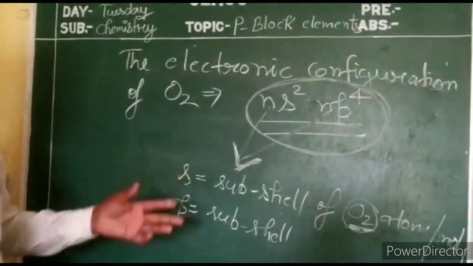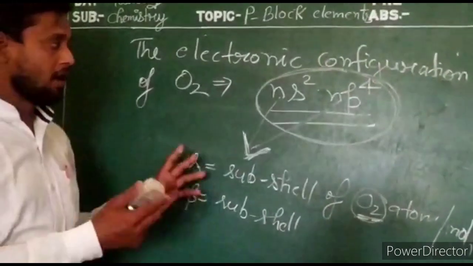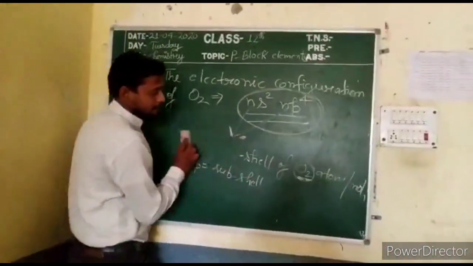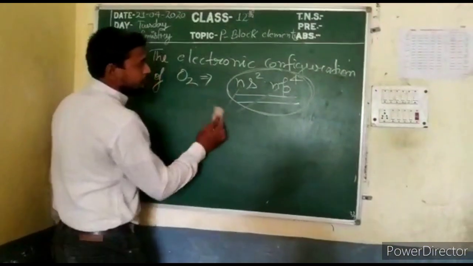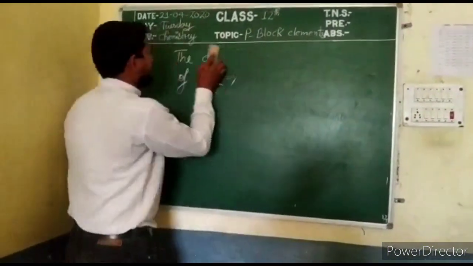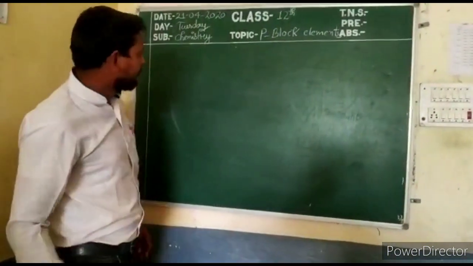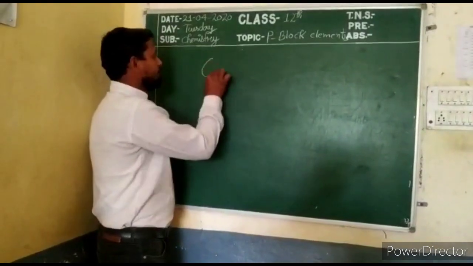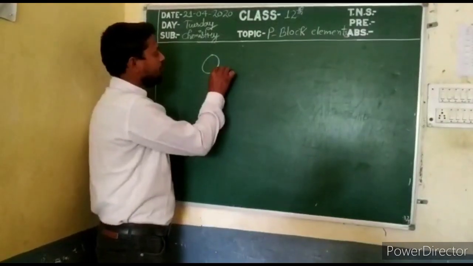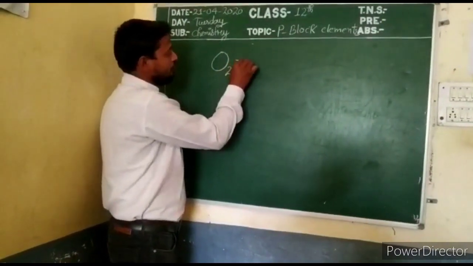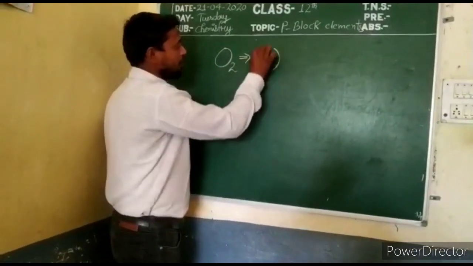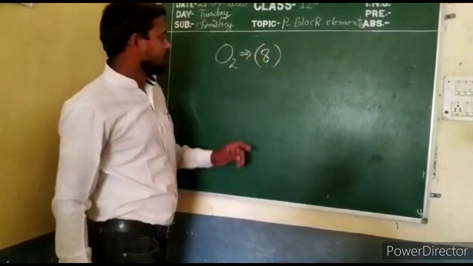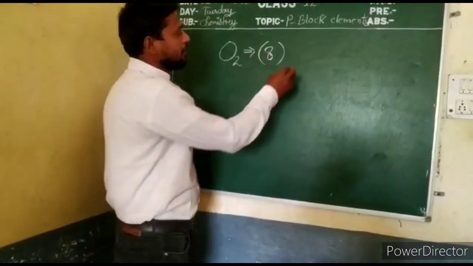Now, how can we prove that? Let us see again. As we know, O2 has atomic number 8.